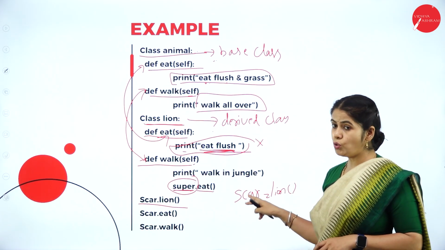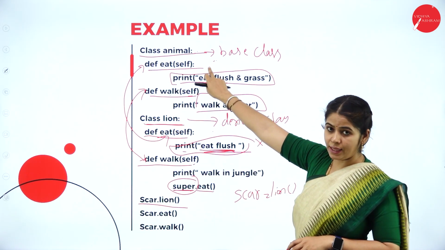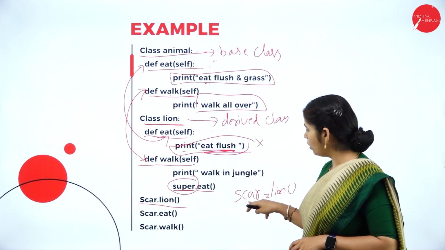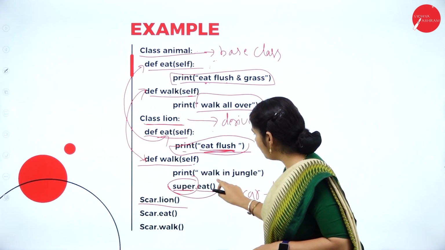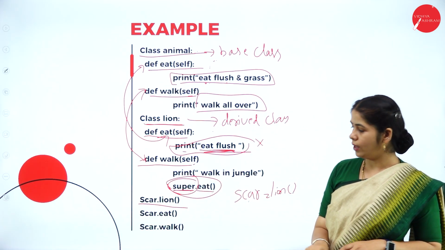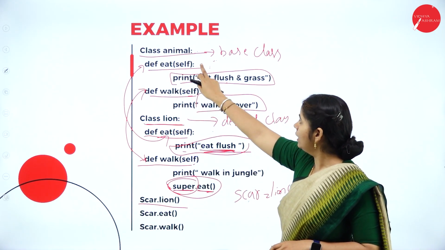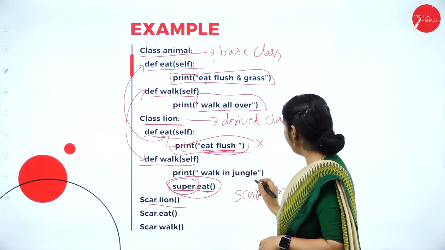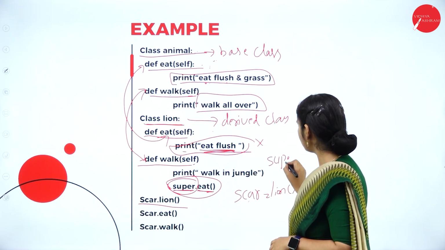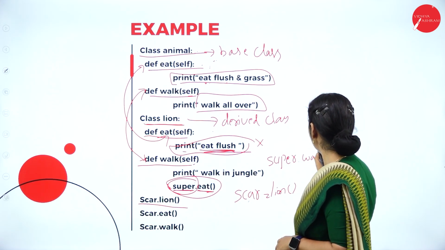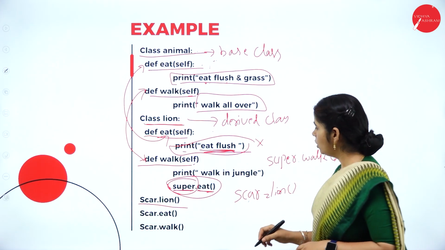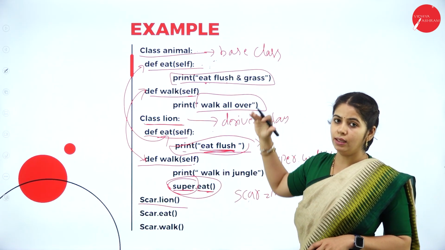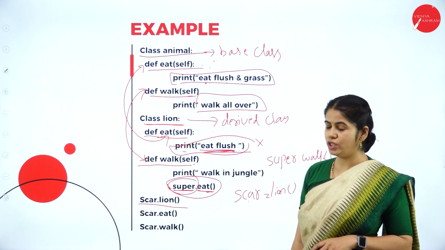If I want to access the method of the parent class using the object of the child class, at that time, I have to give super.eat. So it will access only the eat method. If I want to access the walk method also, I have to give super.walk. So that is how we can access the parent method using the object of the derived class.